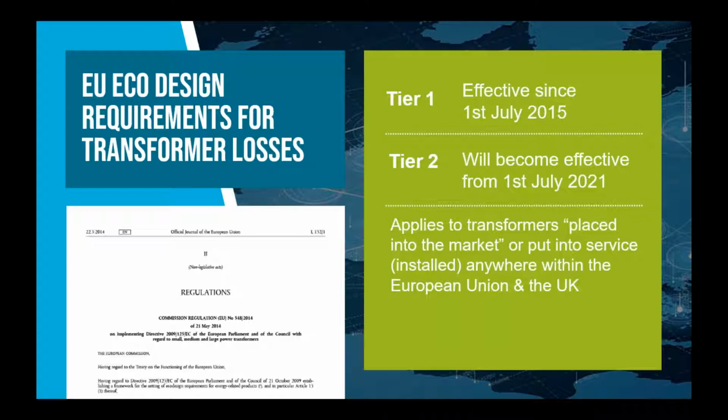The requirement for transformer losses aims to prevent the installation of inefficient transformer models across the UK and Europe, and it applies to transformers placed on the market or put into service, installed, anywhere within the European Union. We will explain what placed on the market or being installed means.